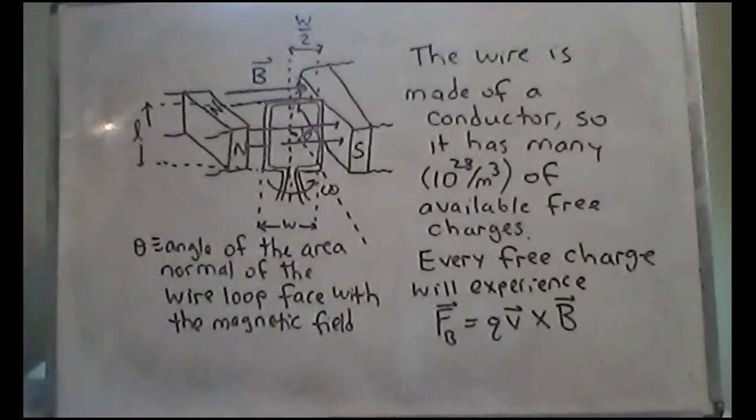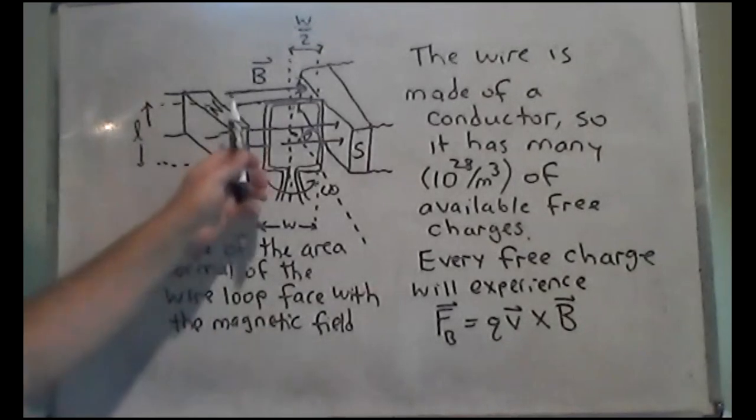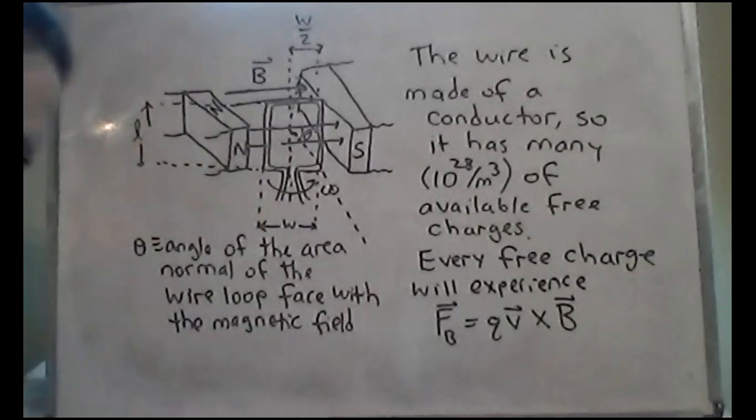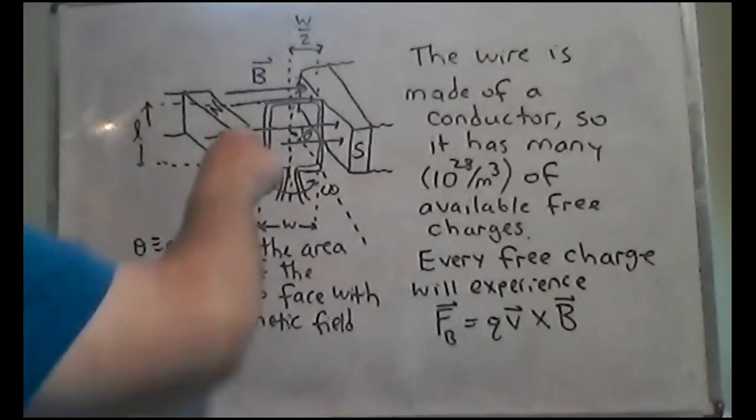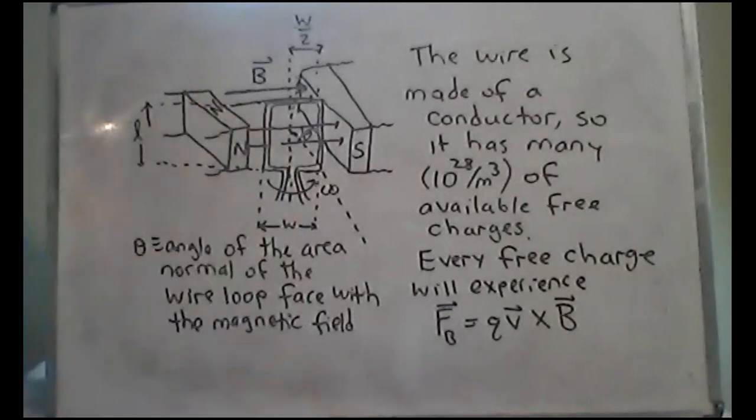So just because these charges happen to be moving, let's take a look at the, let's say the left side for a moment. So imagine in the left side, I have some charge sitting in this conductor. Now, where is it going to move?